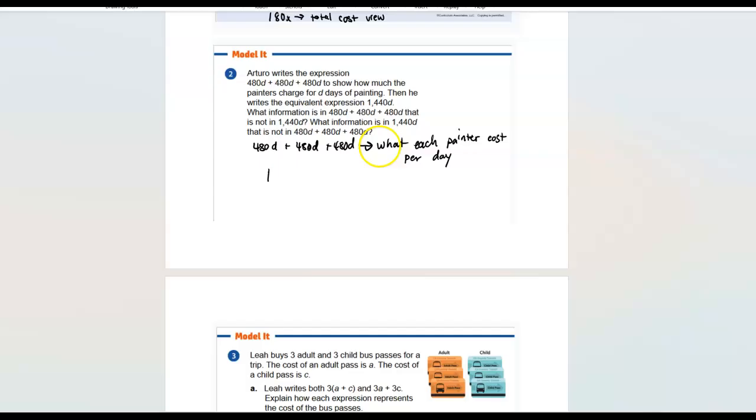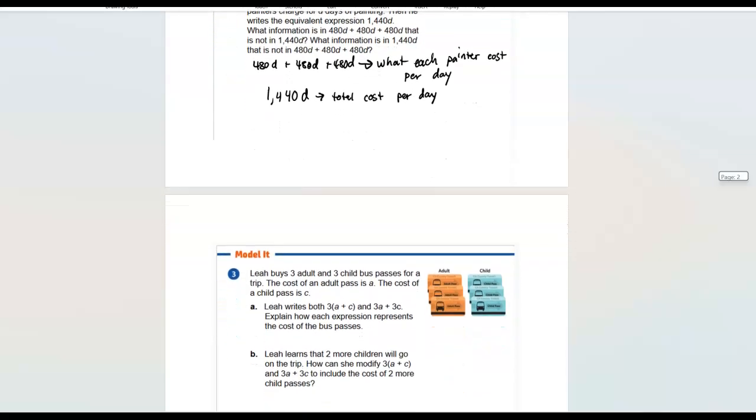Whereas if you combine the like terms and you got 1,440D, this would represent the total cost per day. Just two different ways of writing it after combining like terms. Remember, like terms are terms that have the same variable and same exponent. In this case, they have no exponents.